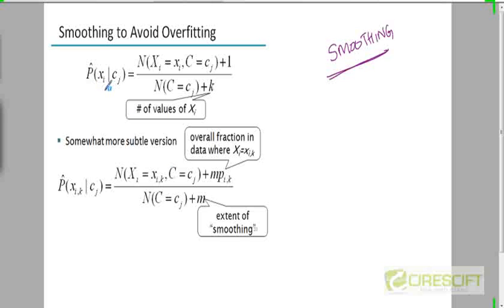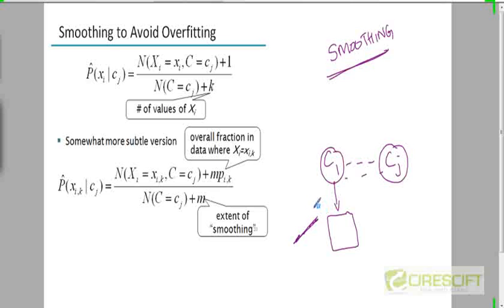So what we do is imagine the following scenario. Imagine that in the training phase, each of these classes not only has terms that are contained in the documents labeled with that class, but it also has every term in the vocabulary appearing once.